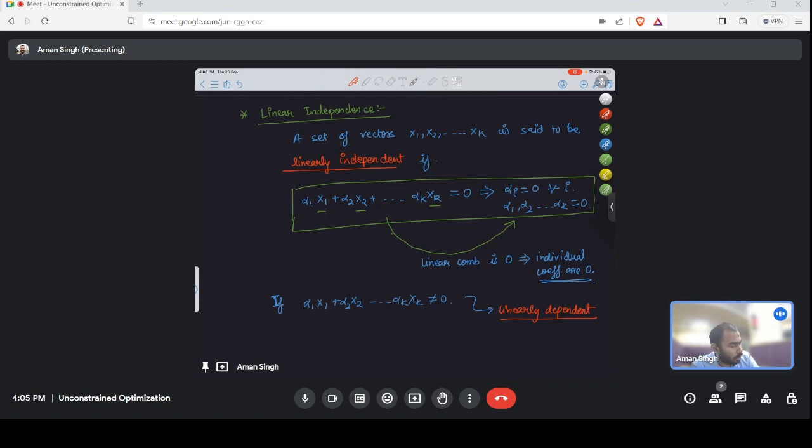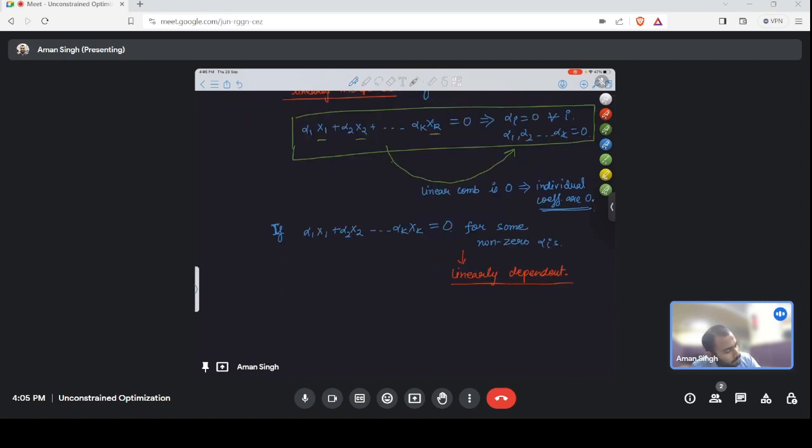What this means is that one of the vectors can be represented as a linear combination of the others.